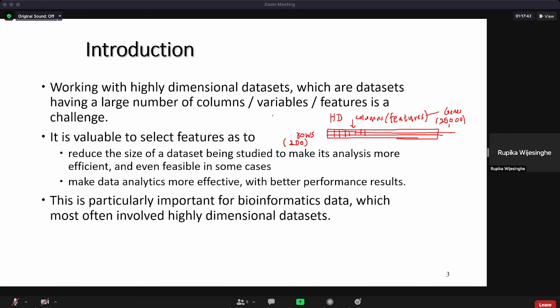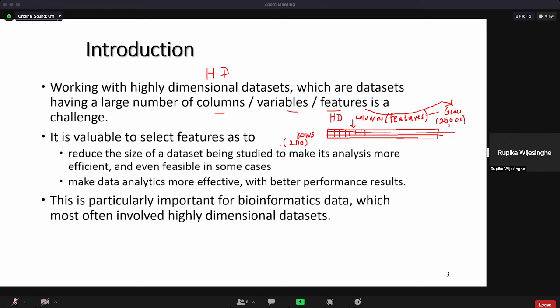So here it says high dimensional data sets are data sets having a large number of columns, variables, or features, or genes. In this data set, features refers to genes, right? So that is what we call a high dimensional data set. It is valuable to select features.